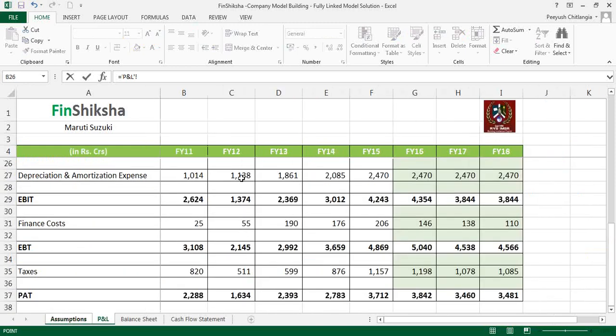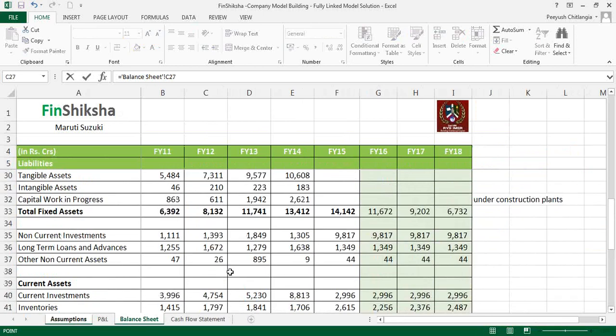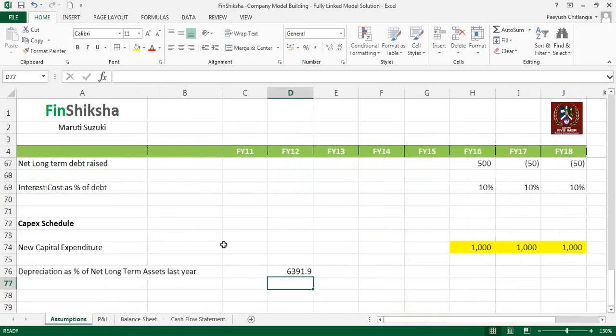So I take depreciation for FY12 and divide it by the total fixed assets for the previous year. Why do I take last year? Is because I need to know on whatever assets were left at the end of last year, I would have paid depreciation this year, correct? So that's the depreciation percentage as a percentage of last year.